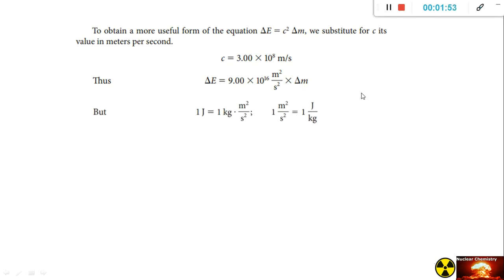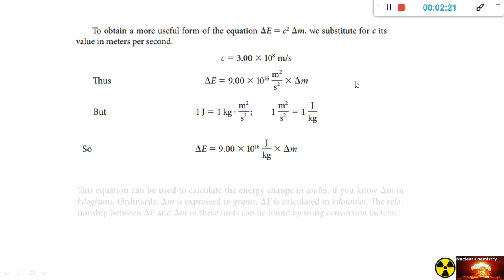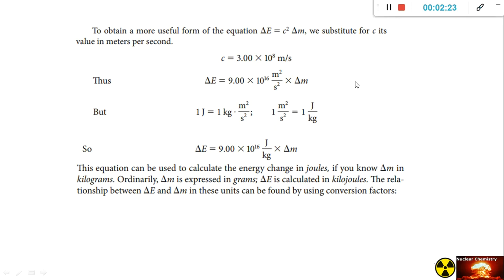We have here 1 joule is equal to 1 kilogram meter squared per second squared, as well as 1 meter squared is equal to 1 joule per kilogram. So delta E is equal to 9.00 times 10 raised to 16 joules per kilogram multiplied by delta m. This equation can be used to calculate the energy change in joules if you know delta m in kilograms.